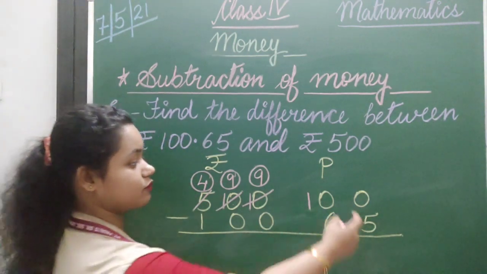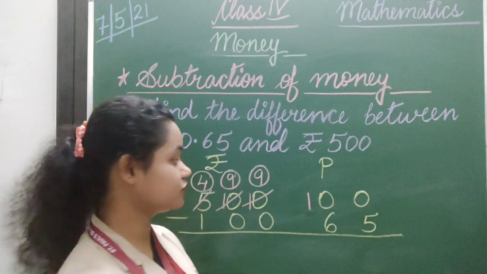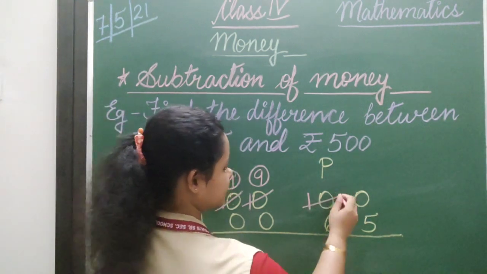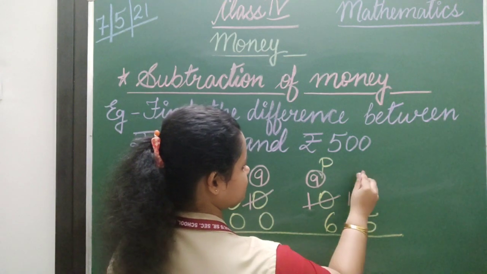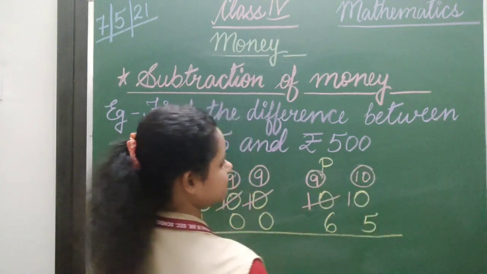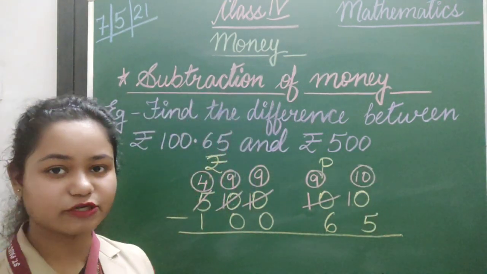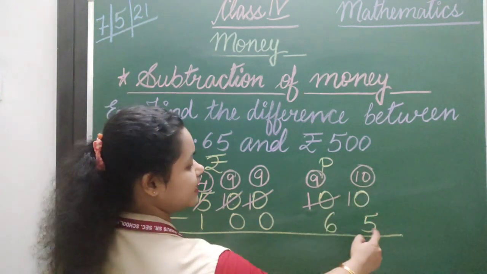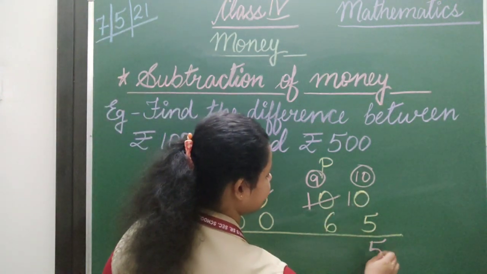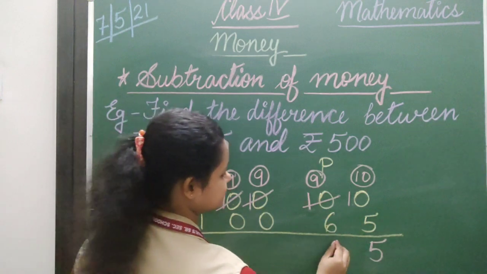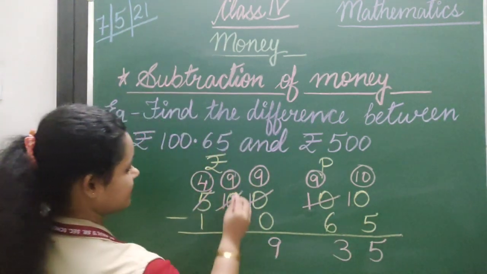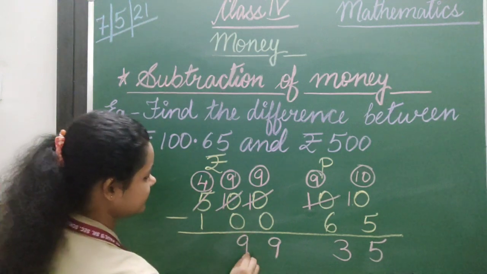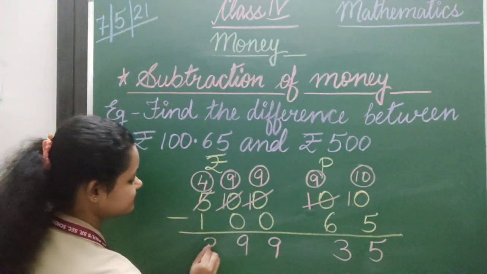Okay, you are not going to put it on the top. Understood? Now, this has become 10, this will become 9 and here again 1 will be there. So, this number will become 10. Understood? Now, 10 minus 5 is 5, 9 minus 6 is 3, 9 minus 0 is 9, 9 minus 0 is 9 and 4 minus 1 is 3.